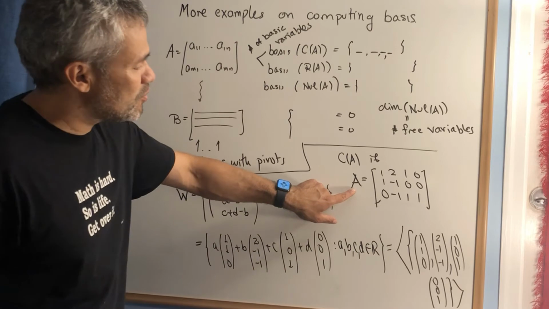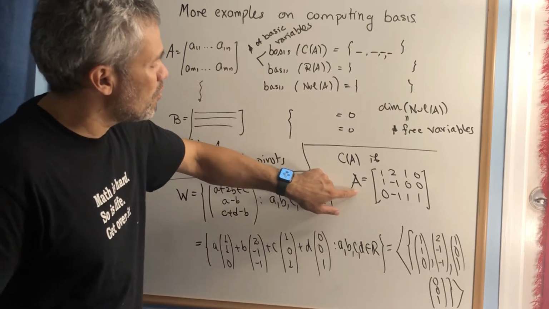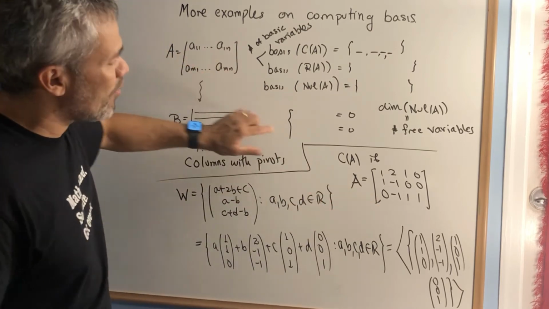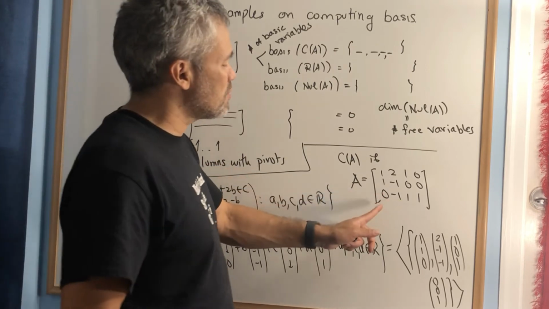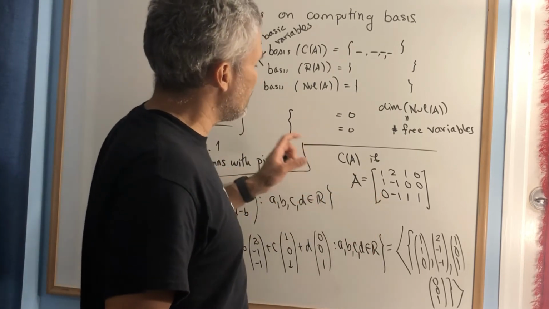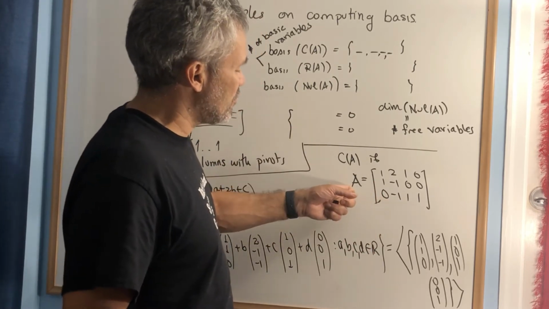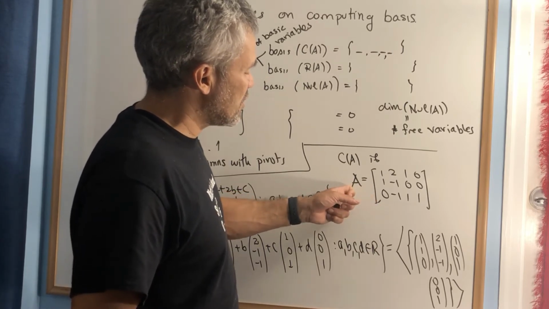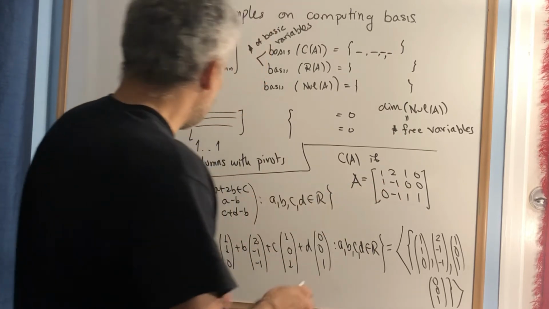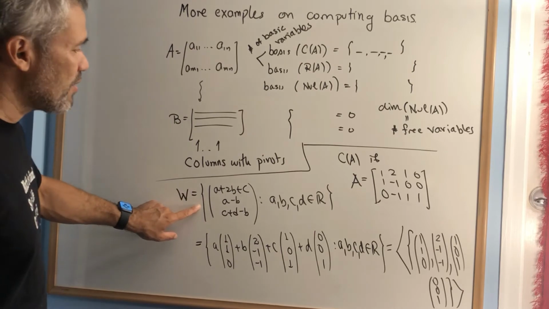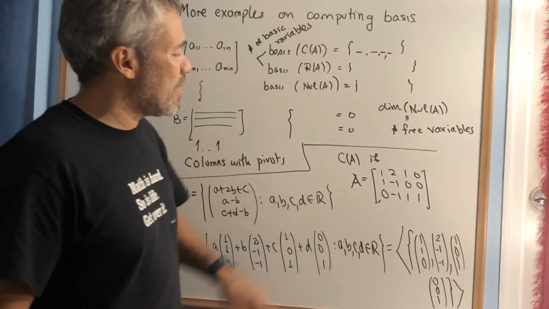And we already know how to compute a basis for the column space of A. We do row reduction, and we select those columns that go with the pivots of the reduced echelon form of this matrix A. Then we can move from here to this problem that we already know.